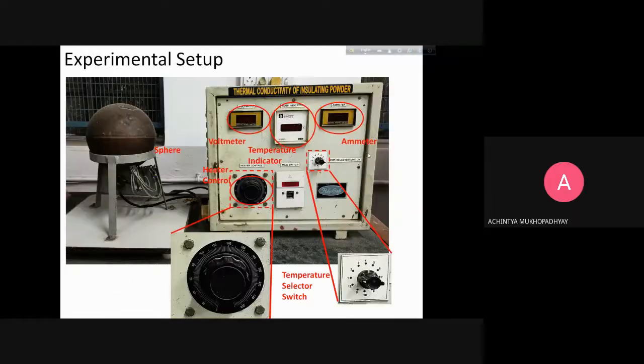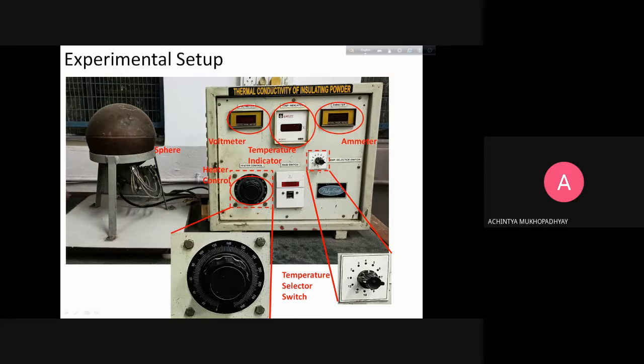So this is how the setup actually looks like. This is the spherical shell in which the asbestos powder is housed, and there are actually 10 thermocouples, 6 on the outer surface, on the outer shell, and 4 on the inner shell.